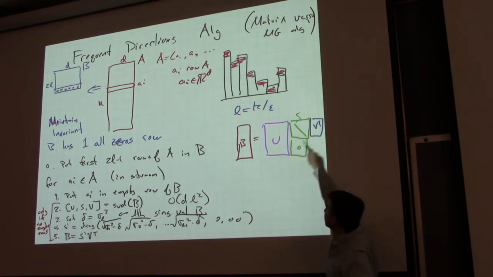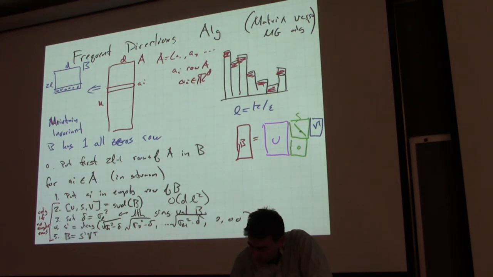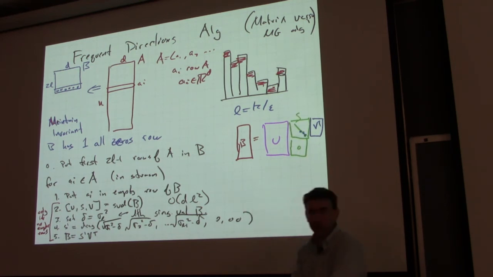Right, so I had a picture that looked kind of like this, and this step is going to set a bunch of these equal to 0 if I run this step.